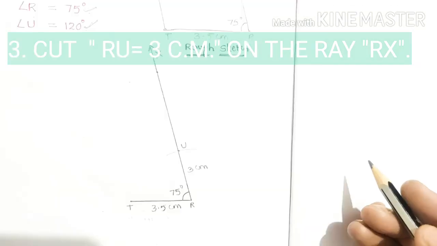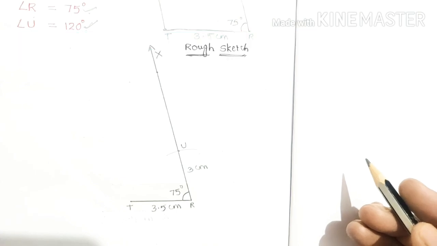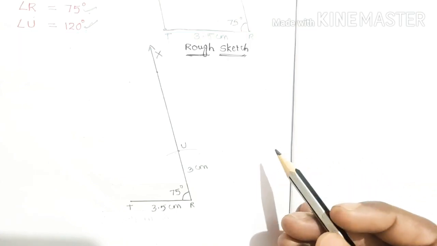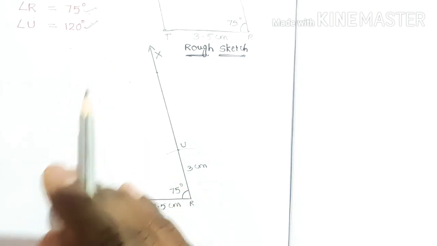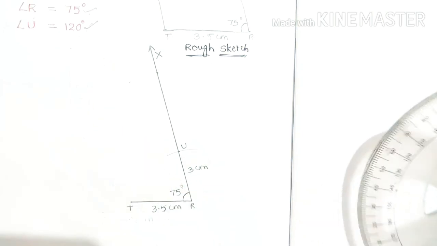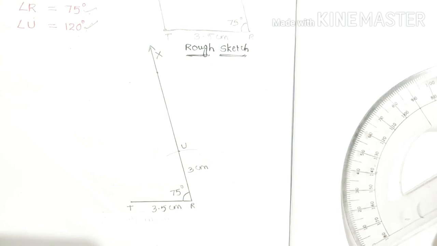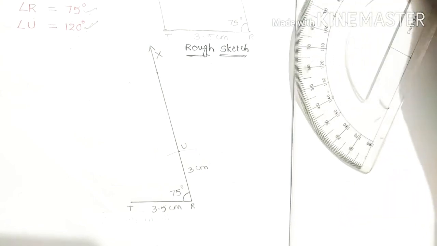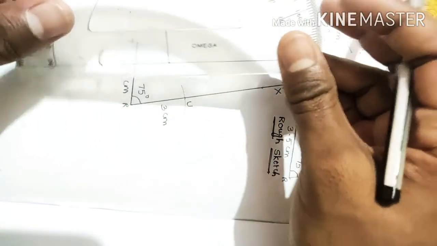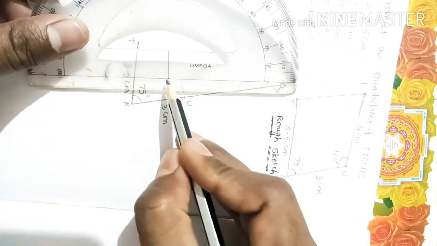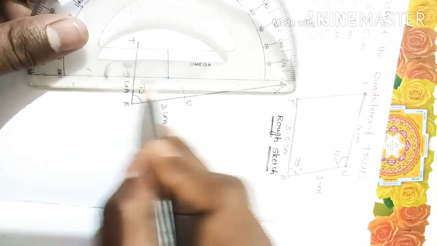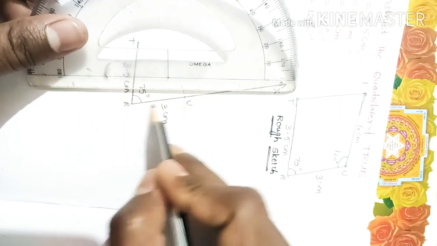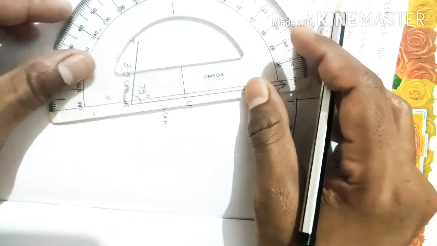After locating point U, at U you have to construct 120 degree since angle U is 120 degree. For that you need to take the protractor and adjust it at point U. The protractor center point should coincide with U and the 0, 0 line of the protractor should coincide with RU.